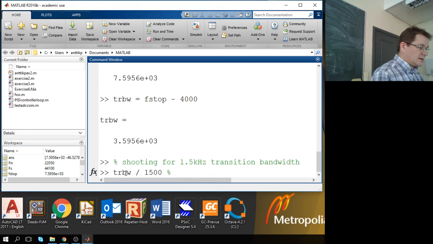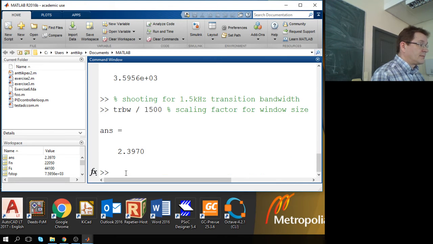So this is the scaling factor for window size. About 2.4 times wider window.